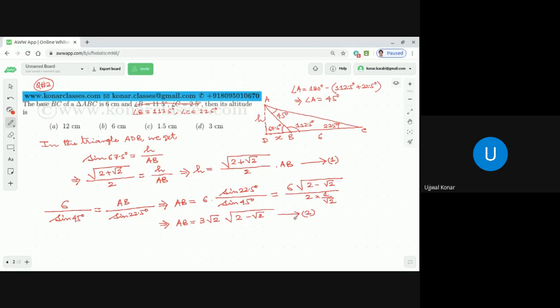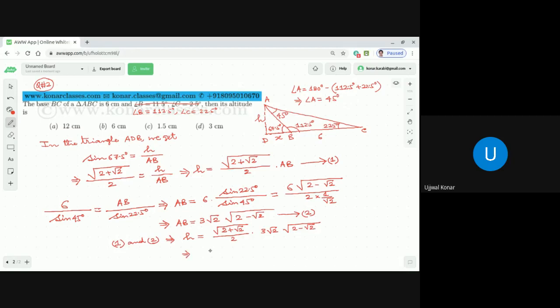So from equation 1 and 2, what we can find is the value of H, dear students. H is equal to square root of 2 plus root 2 divided by 2 into 3 into root 2 into square root of 2 minus root 2.